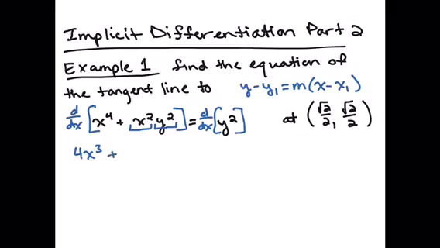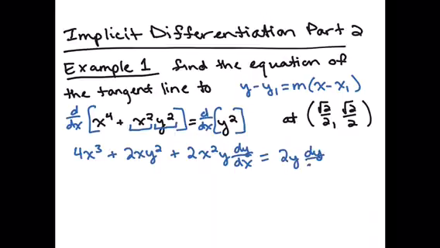So if I do the derivative of the first, I'll get 2x times the second, which is y squared, plus the first, which is my x squared, times the derivative of the second. The derivative of y squared is 2y times dy/dx, equals the derivative of y squared is 2y dy/dx.